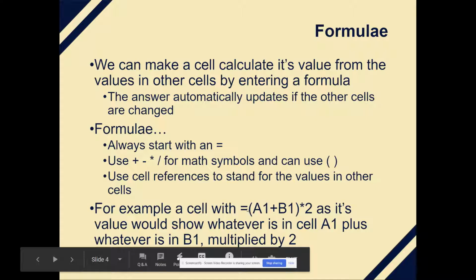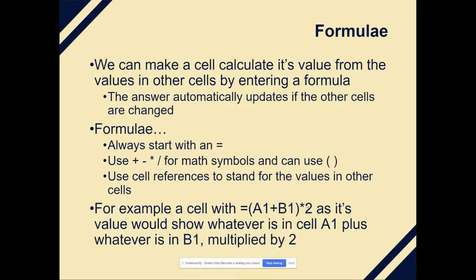So I would type in equals, then in brackets I would put A1 plus B1, close brackets, multiplied by 2. And that would then mean that in whatever cell I had written that formula, it would display the answer to that calculation. Hopefully that makes sense, and if it doesn't, don't worry, because it will become more apparent when we actually work through the examples.